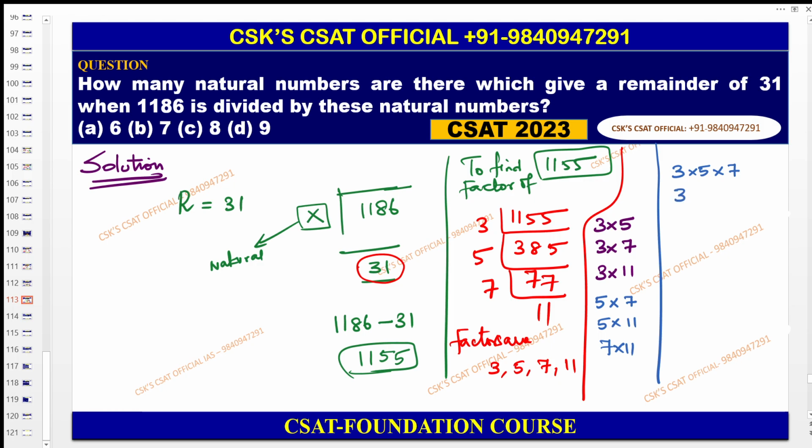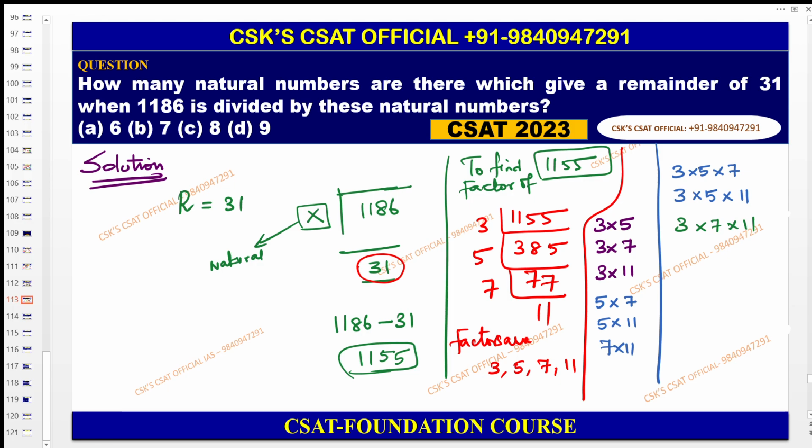When you are leaving the 7, 3 into 5 into 11. So we are done with the 3 and 5 series, right? In the 3 and 5 series we are maintaining the first 2 digits and then changing the last one. So therefore 7 and 11. Now the same thing you can proceed here. So you can leave that 5 here, then it becomes 3 into 7 into 11, right? So up to this, over.